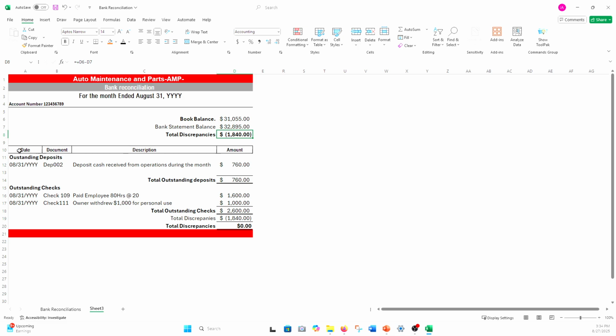Now you have to make a report that shows the date, because you are going to take this reconciliation into the following reconciliation. It's good to know how old a transaction is that appeared in my previous reconciliation. Let's say that in December, when we do the reconciliation, we still have these transactions.